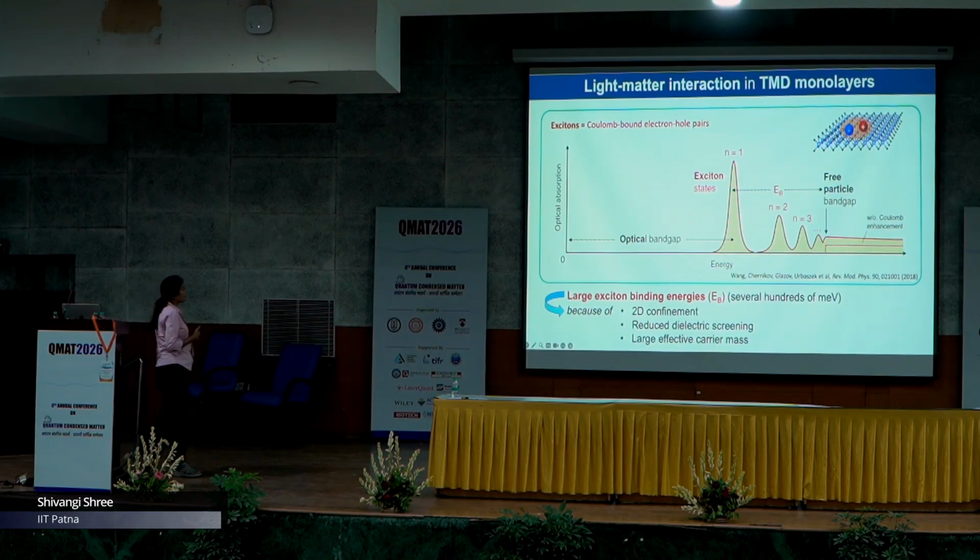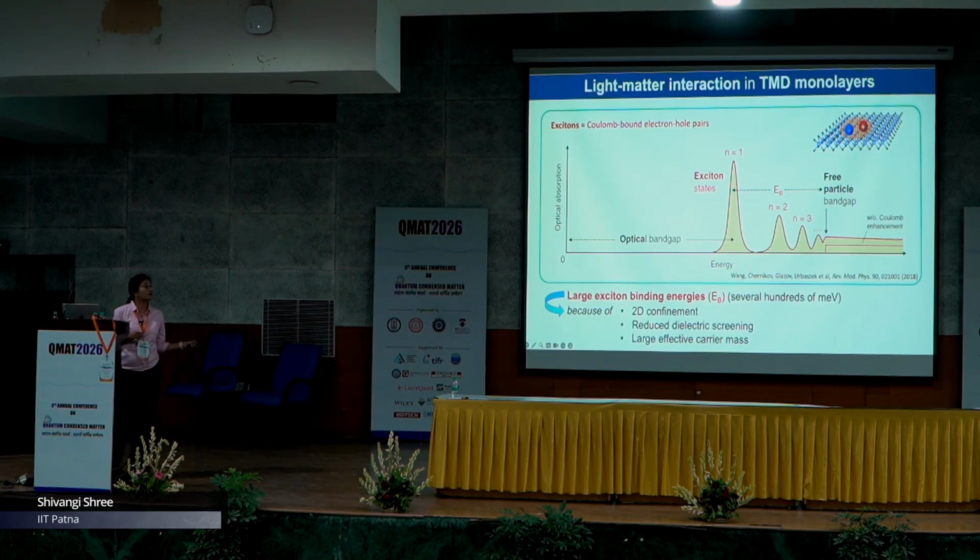Most of the fundamental properties of excitons in these materials: these are Coulomb bound electron and hole pairs, and they are very strong compared to conventional excitons which you find in 3-5 semiconductors, because they have very large binding energy, 2 orders of magnitude larger than the 3-5 semiconductor excitons.